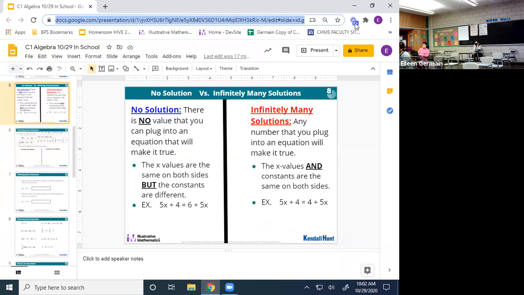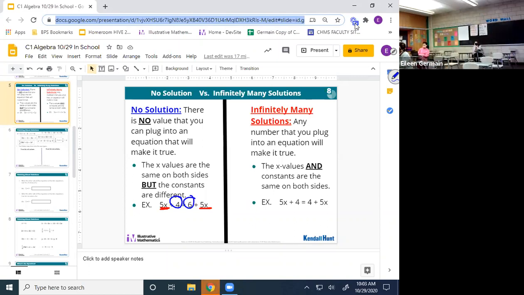And we call that no solutions because there are no values that you can plug into the equation that would make it true. So that means the x values on both sides are the same, but the constants are different. So if we look at this example here, both sides have 5x, but our constants are different. I have a +4 on the left side and a +6 on the right side.